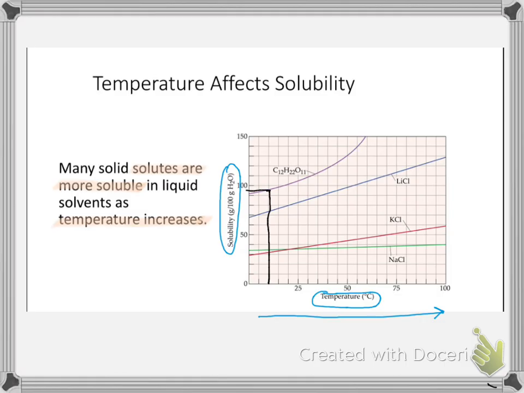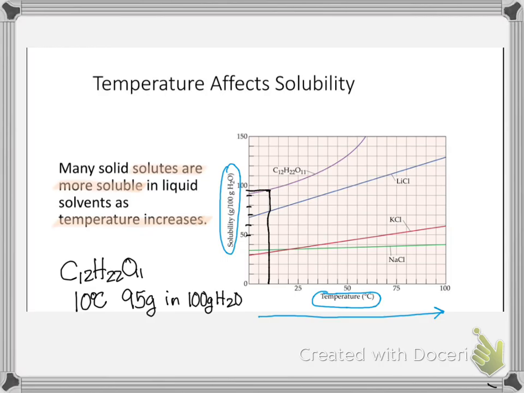So for the C12H22O11, at 10 degrees Celsius, it looks like, 50, 60, 70, 80, 90, about 95 grams of it in 100 grams of water. So about 95 grams of sucrose. Well, let's warm it up. And let's go up to 50 degrees.